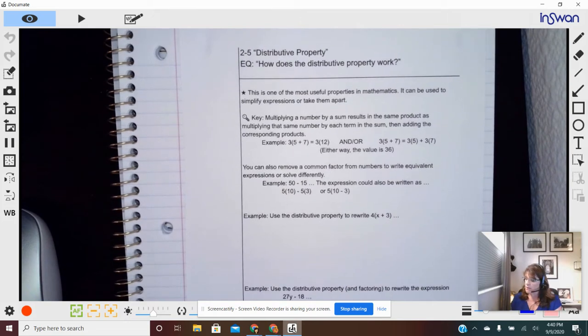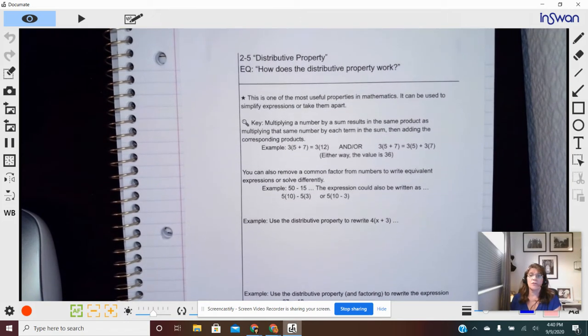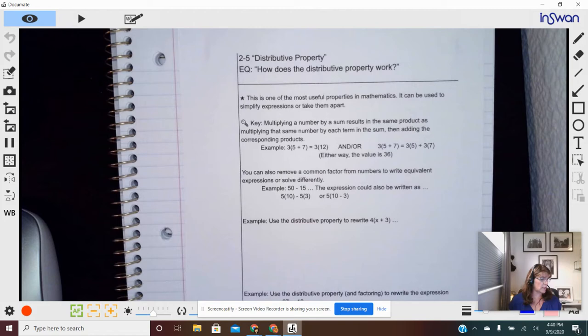This is the last of the topic 2 lessons that we're doing, and it is the last of the properties in this series. Now, there will be more mathematical properties that you learn, but this is the last one for quite a while. This one, the distributive property, is just a preview.